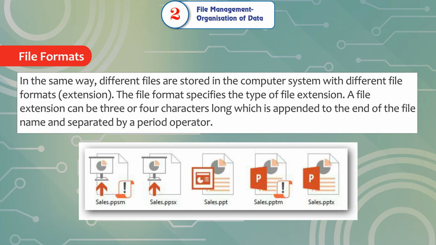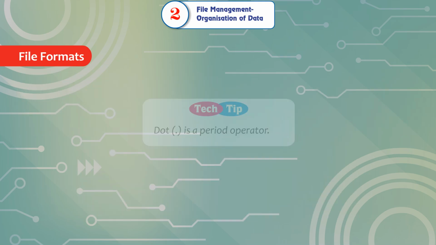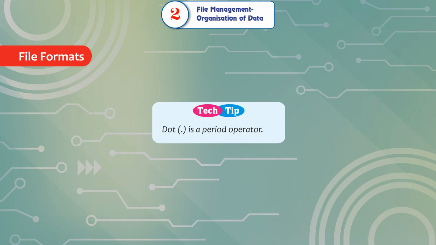The file format specifies the type of file. A file extension can be 3 or 4 characters long, which is appended to the end of the file name and separated by a period operator. Tech tip: Dot is a period operator.